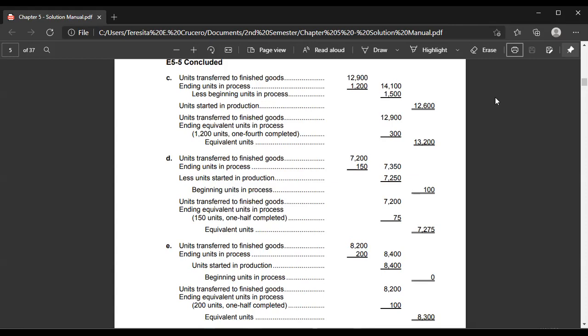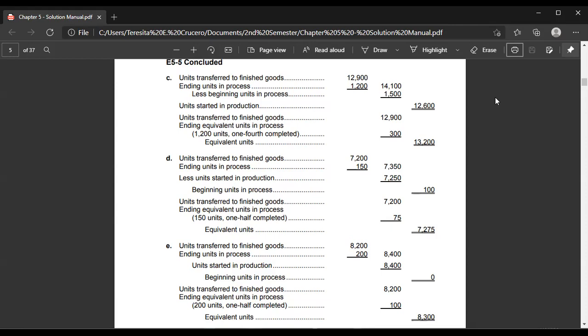So actually, that's the missing figure. So what you will be doing is units transferred to finished goods, you add to units ending. So you now get 12,900 plus 1,200. You get a total of 14,100.